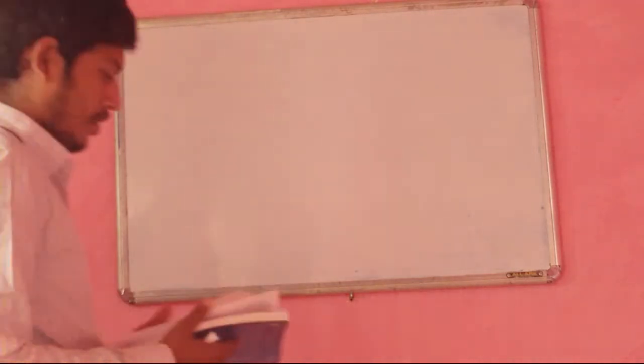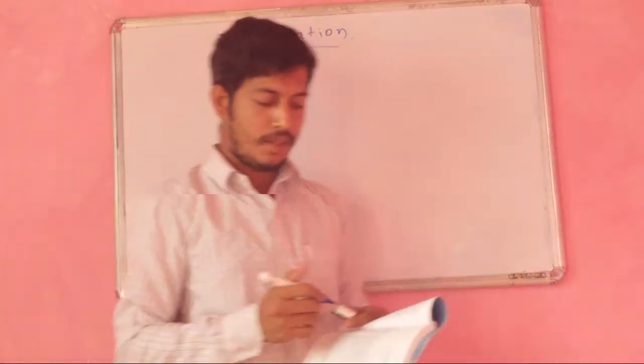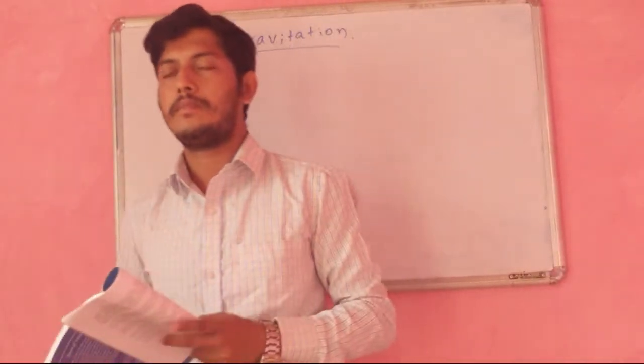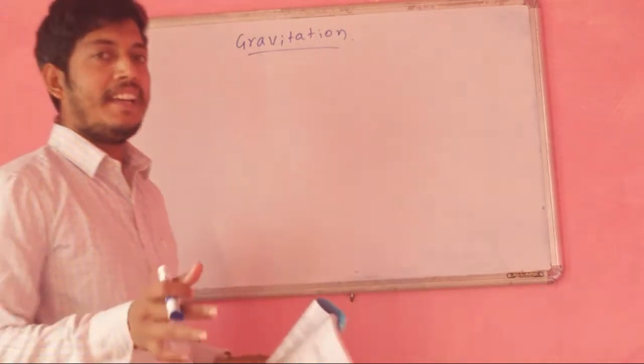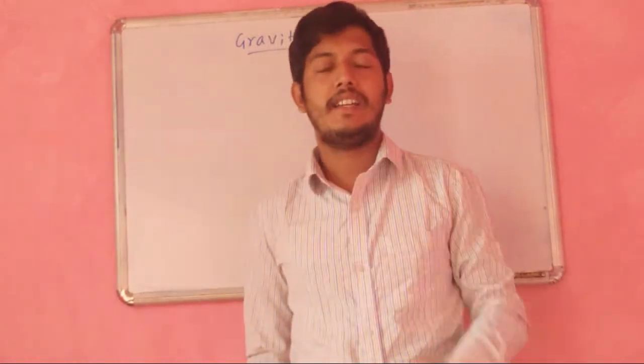Today I am taking another chapter, that is chapter number 10, gravitation. The attractive force, for example, a magnet attracts an object, so that is related to magnetic effect.